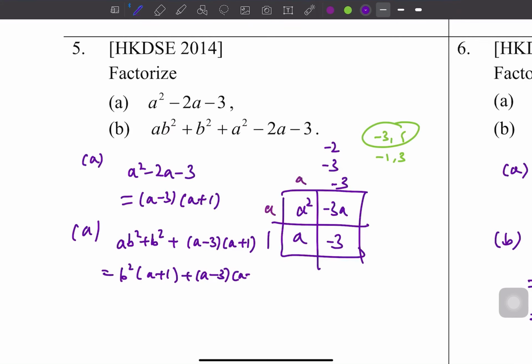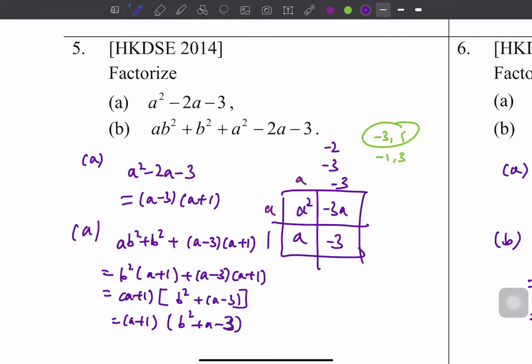After the factorization by grouping, you can find the common factor a plus 1, so you can take out a plus 1. For the first term, remain b squared. The second term remain a minus 3. Normally I will add the bracket because sometimes this is negative, and you need to cancel the bracket and multiply the negative. But this time this is positive, so I will write one more step.